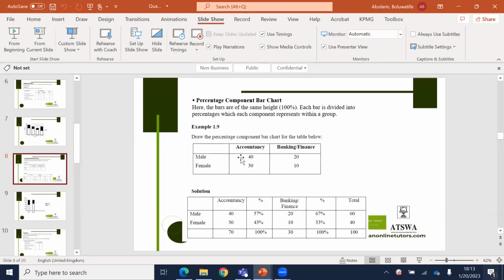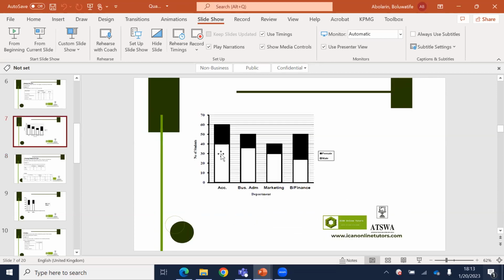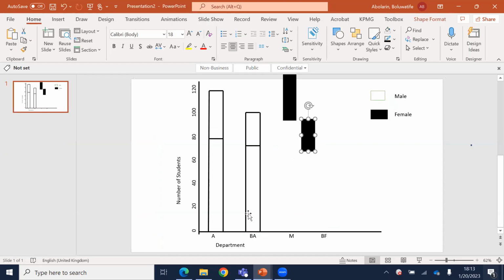This one is saying percentage component, so it is a component bar chart. You know how a component bar chart looks, it is on top of each other. That's how it will be, but this one you are going to use percentage to draw it. That's just the difference. So now the first one is 57. You are going to make the first place 57.